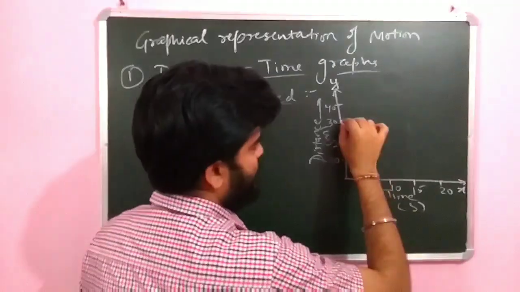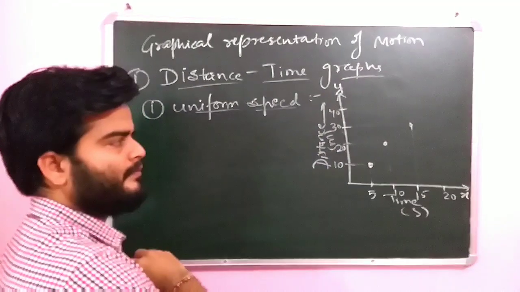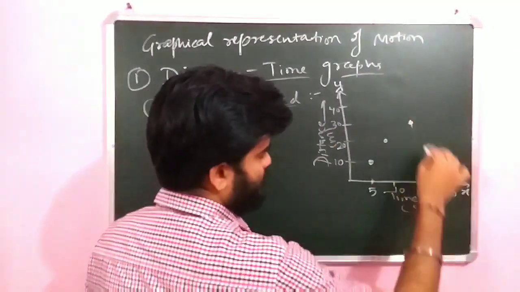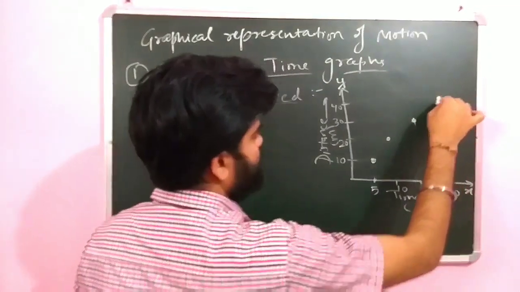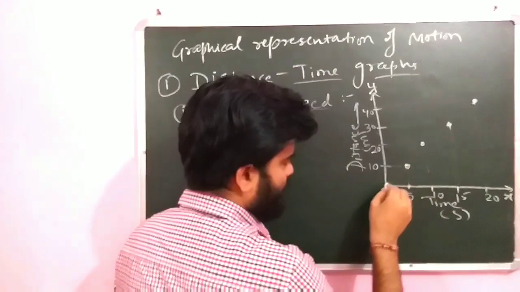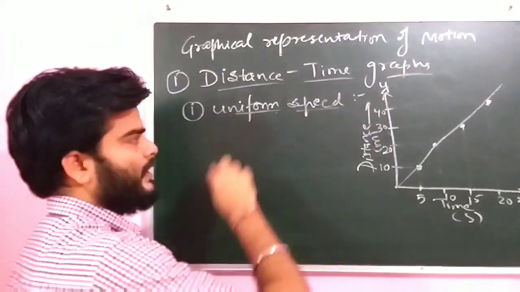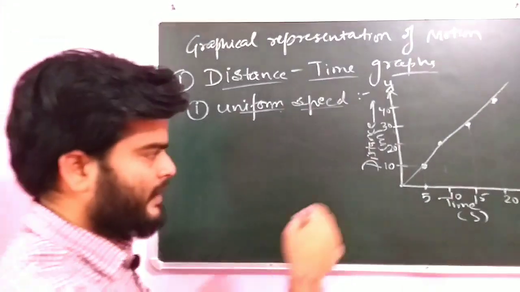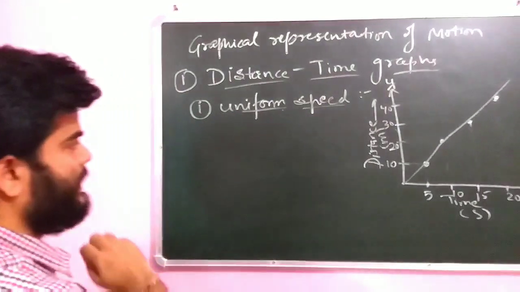Similarly, when there was 15 seconds he covered 30 meters of distance. So now you can see the distance time graph is a straight line when there is a uniform speed, equal distance in equal amount of time.